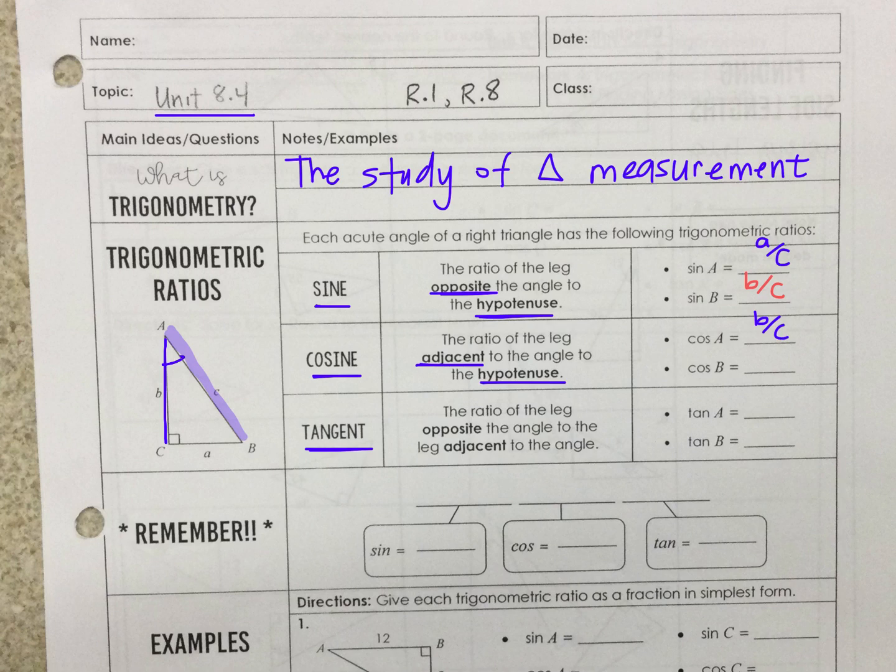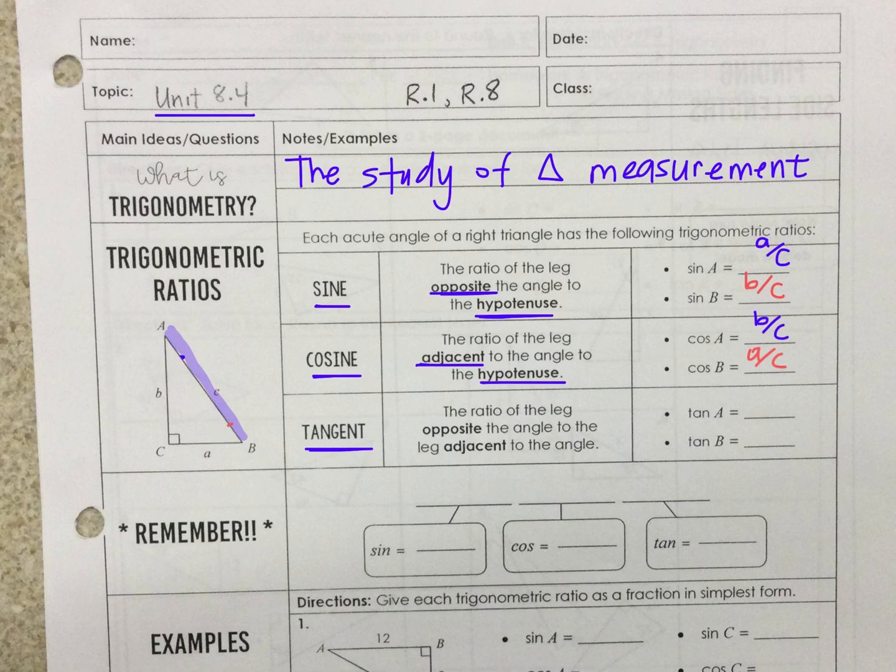When I want to talk about angle B, the adjacent side is A over the hypotenuse C.